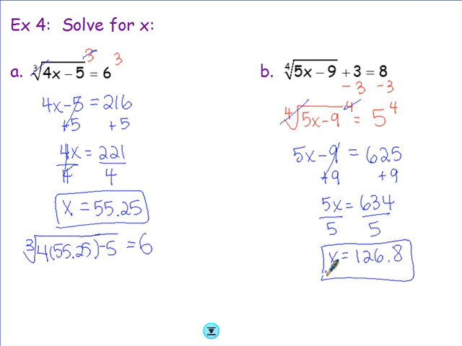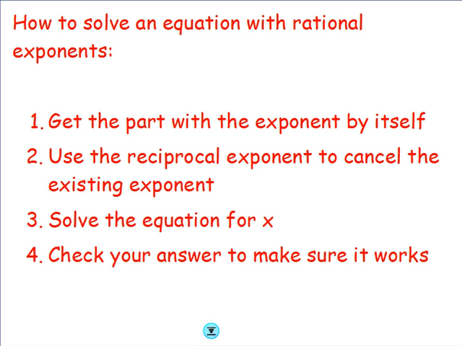We're going to look at the other kind of equation today, and that is rational equations. These are all going to have exponents that are specifically fractions. As the directions say, we want to get the part with the exponent by itself, just like the radical.